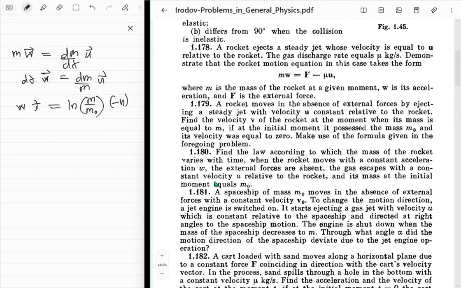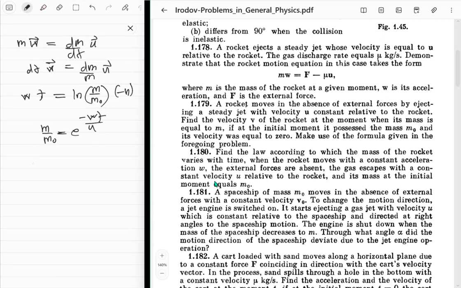So m upon m naught is equal to e power wt upon u, with the negative, so m is equal to m naught e power negative wt upon u. This is crazy. You are saying a rocket's mass changes like this, an exponential function? I mean, a decreasing exponential, but you get the idea. Huh, never thought about it.